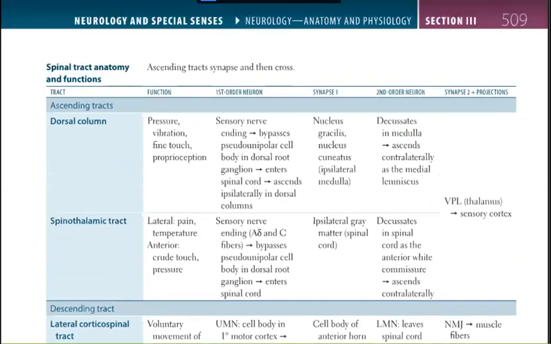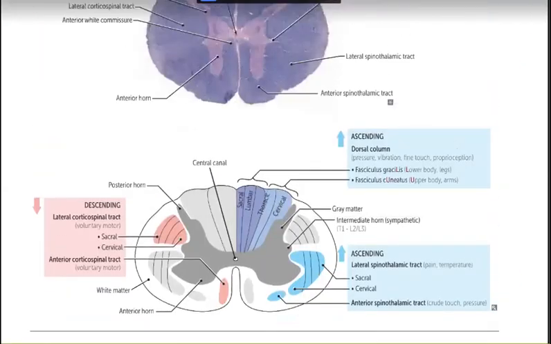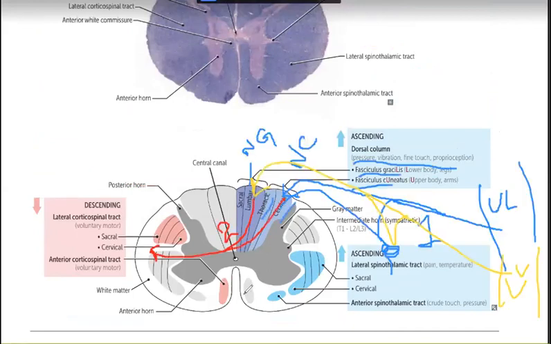Now if I take you back to this picture, this was our previous diagram. So now from here, I'm taking another color. We will go to those pictures which I shared in the WhatsApp group. From here, they will go to the upper spinal segments.